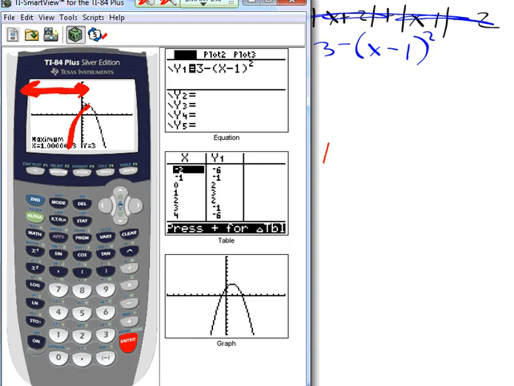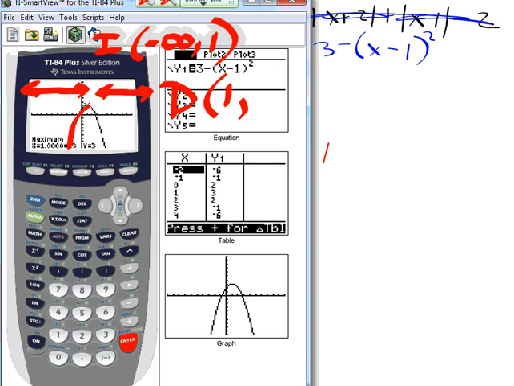So the increasing interval would be from -infinity to 1. The decreasing interval would be starting at 1, of course, and not -infinity. Remember, the y is going to -infinity, but we're talking about x's. So it is decreasing from 1 to infinity.